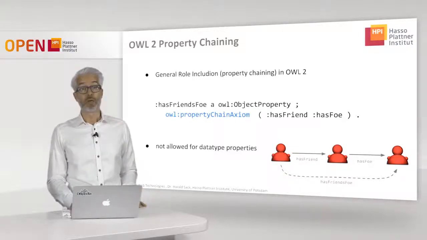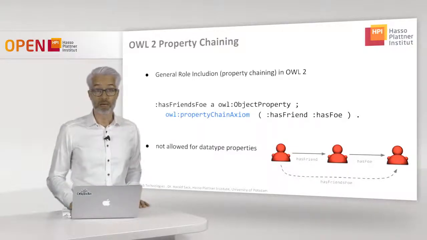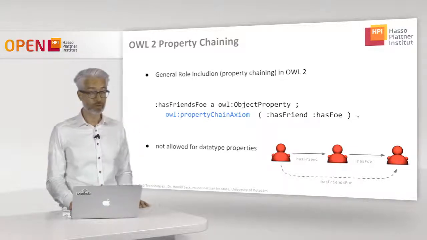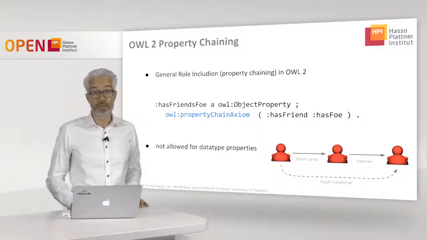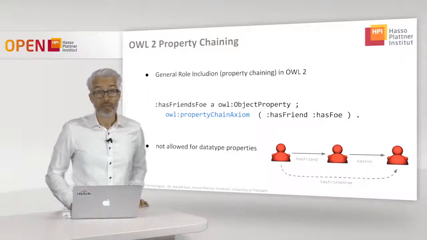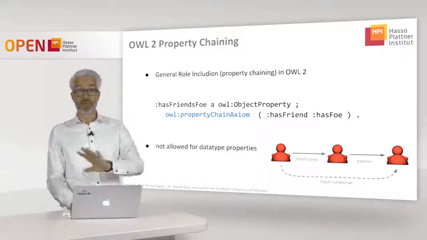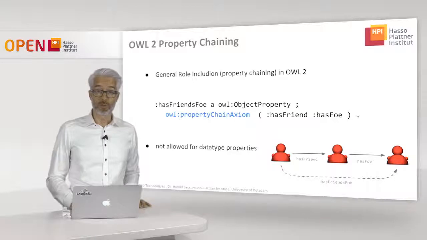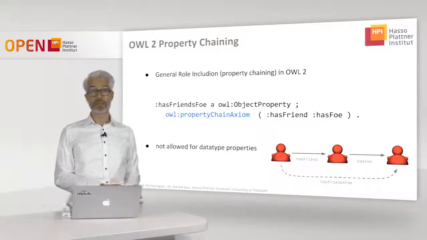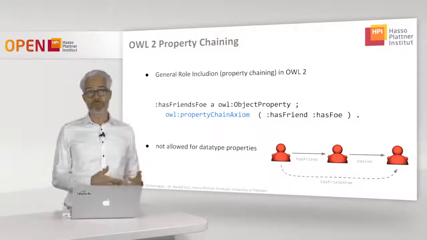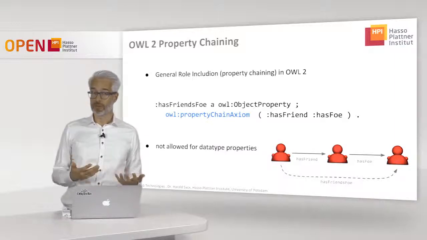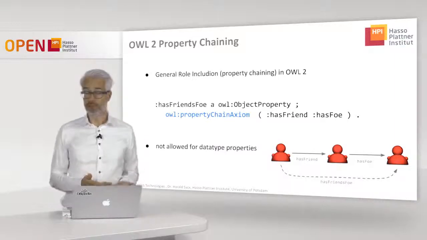So now we have learned a lot about OWL2 property chaining and role inclusion. This is, as already said, a rather powerful tool. The point now, besides all the restrictions we have heard, or to maintain decidability, is are we now really able to design or represent all the knowledge we want to represent?